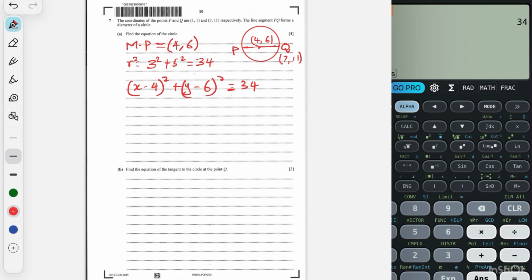Find the equation of the tangent to the circle at point Q. So tangent means perpendicular. There's a line that passes through Q. We need to find that equation. So we need the gradient of PQ.